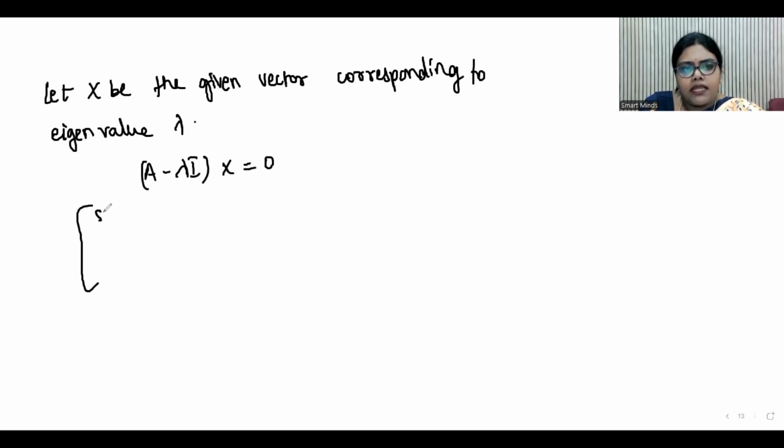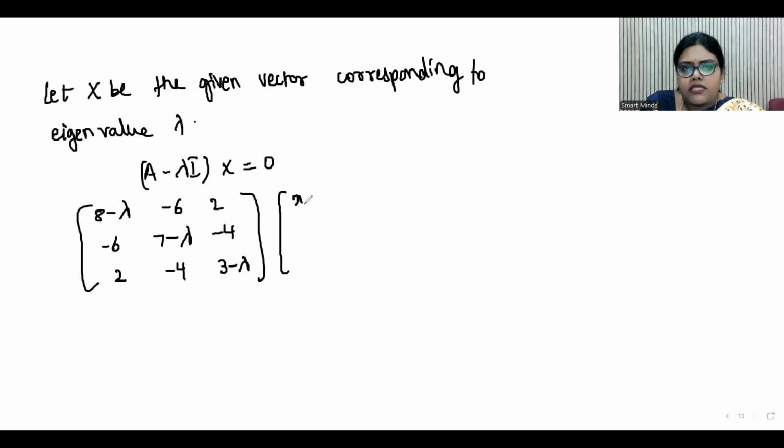So that means [8 minus lambda, minus 6, 2; minus 6, 7 minus lambda, minus 4; 2, minus 4, 3 minus lambda] into [x1, x2, x3] is equal to [0, 0, 0].